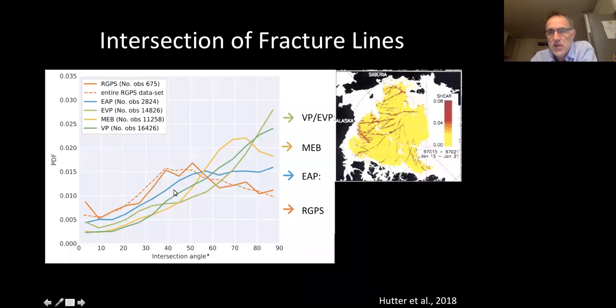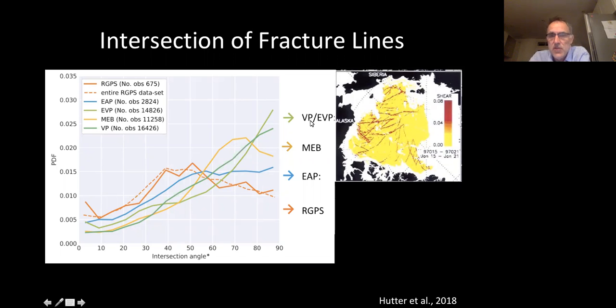This is the same result, but presented as a PDF as a function of the intersection angle. In orange, what we see is the observation from our GPS. And we can see there's a peak in the distribution between 30 and 60. The models, on the other hand, show that a large number of deformations simulated have large intersection angle.